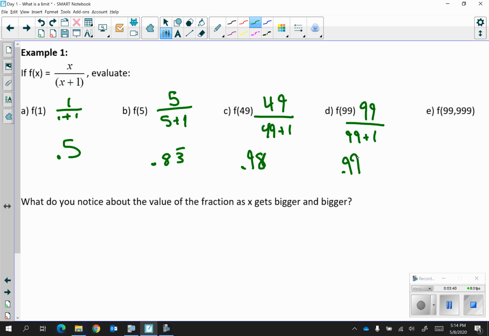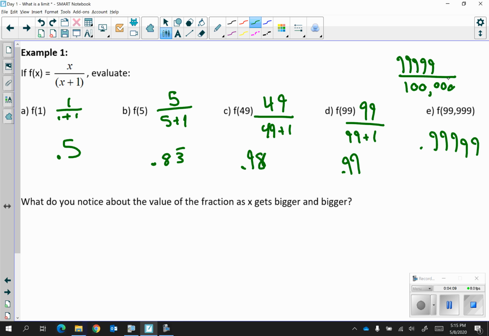And then the next one is going to give you 0.99999. It's basically going to be 9999. Oh my god, this is a lot of nines. It's going to be 99,999 over 100,000.